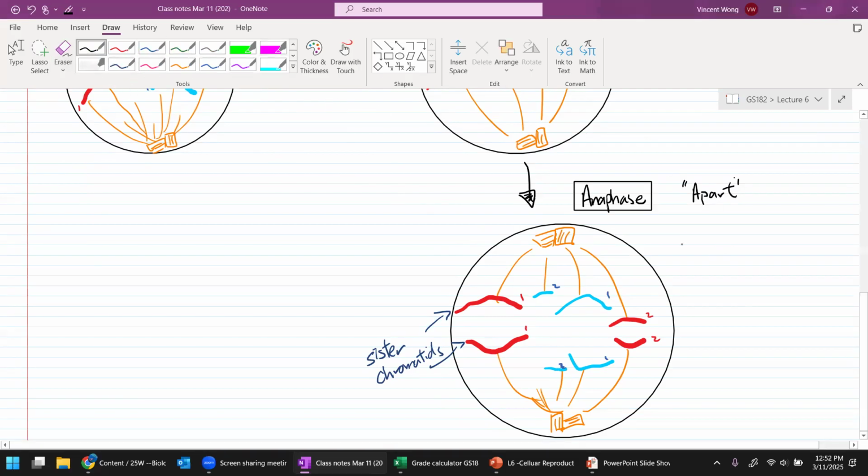So during anaphase, sister chromatids separate and are pulled to opposite ends of the cell.